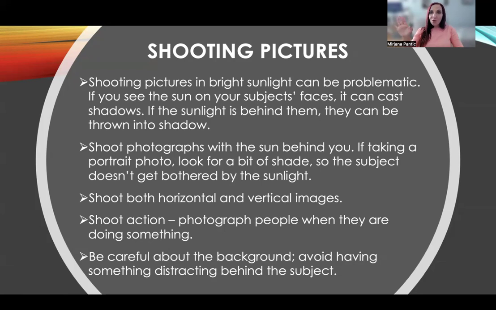So if you don't see them clearly, if it looks like they're just dark figures on your images, that means that the sunlight is behind them. Keep this in mind and shoot photographs with the sun behind you, not the object, but behind you. If taking a portrait photo, look for a bit of shade so the subject doesn't get bothered by the sunlight.